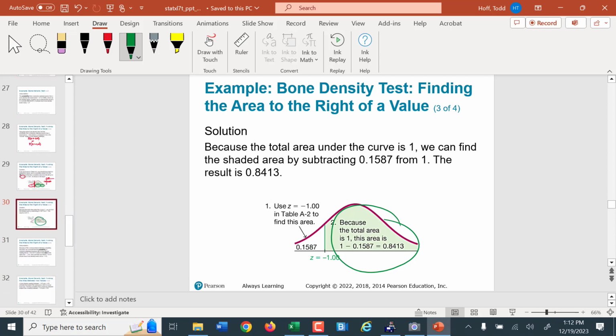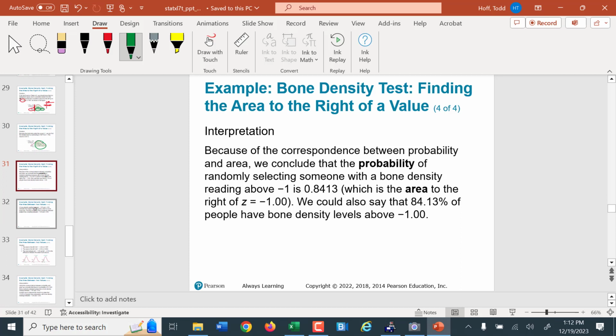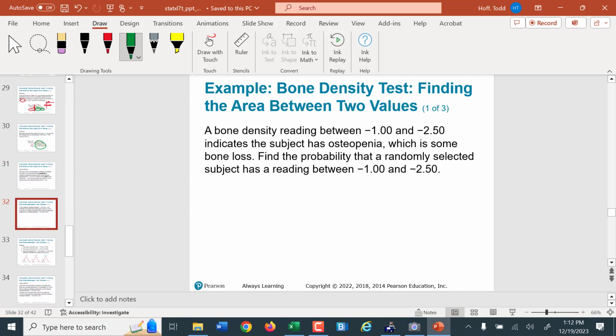So to summarize that result, right here, that probability is 0.8413 that any randomly selected person will test above a -1 for their bone density test. So now let's look at being between two values.